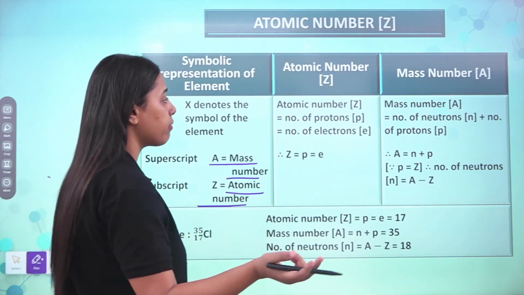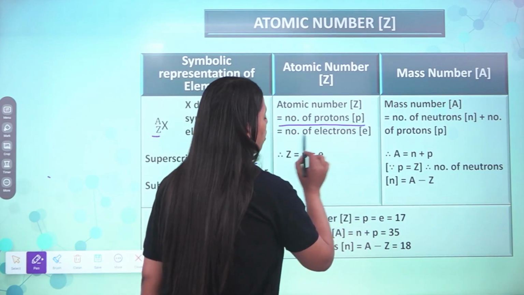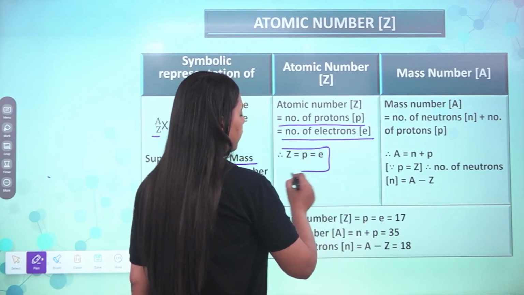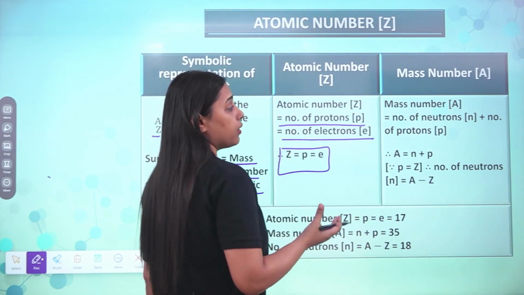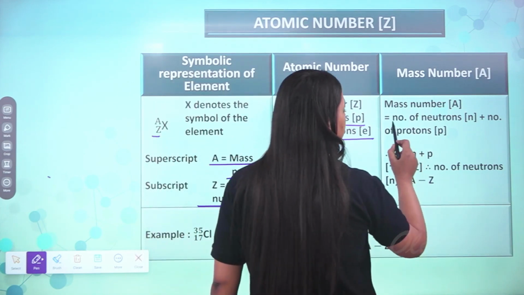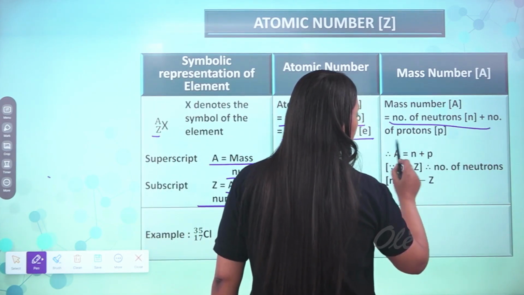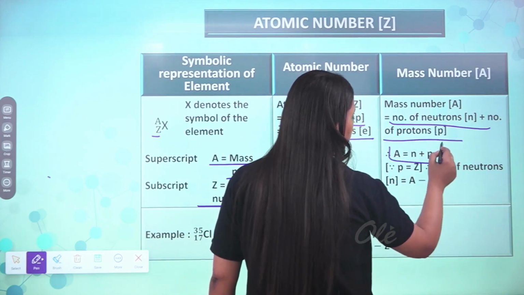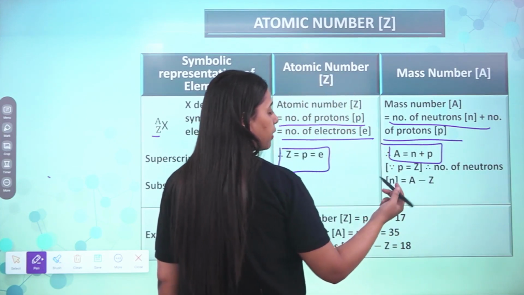Atomic number can be written as the number of protons or the number of electrons, that means Z is equal to P or E. Mass number is the sum of the number of neutrons and the number of protons. So A equals N plus P, or P plus N, that is the same.